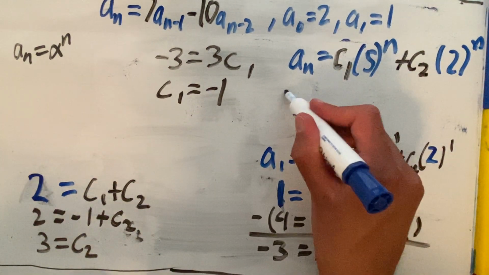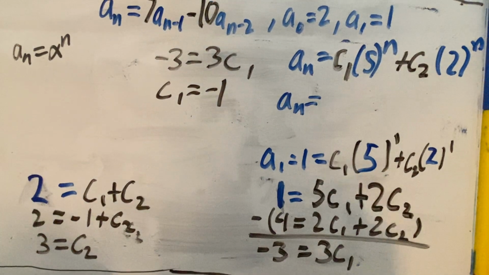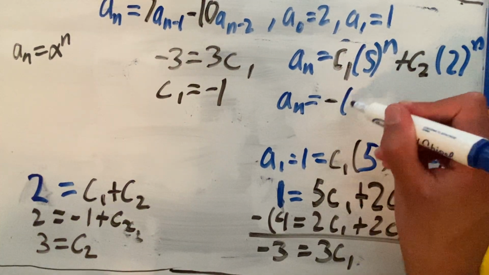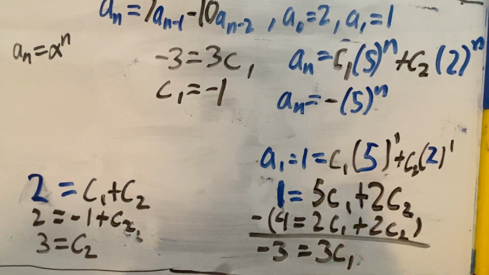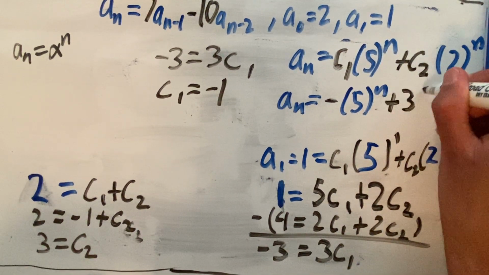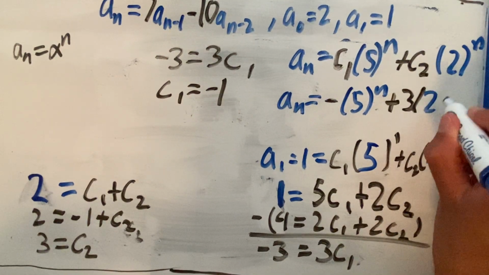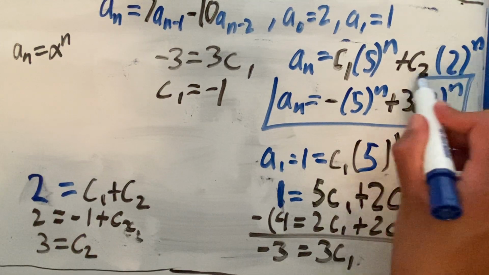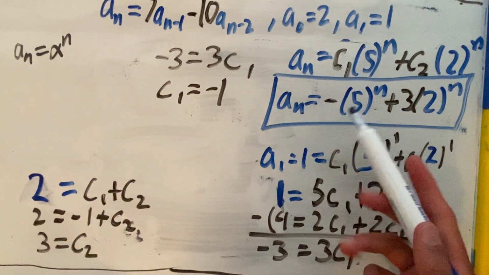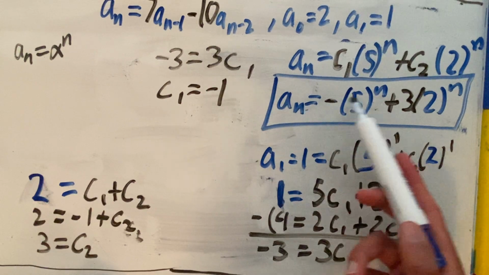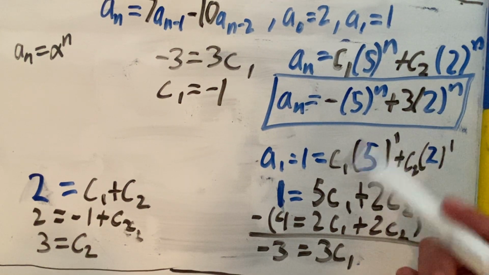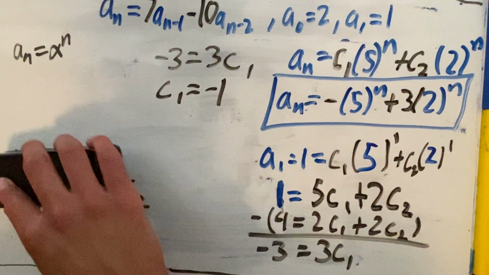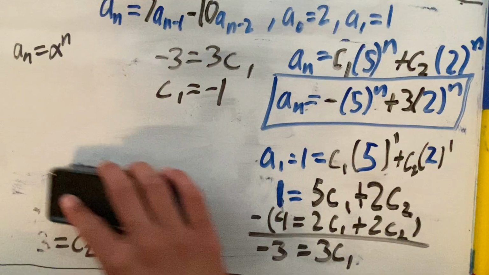So now this means that a sub n equals minus 1 times 5 to the n, and c2 is 3, so plus 3 times 2 to the n. This is the explicit formula, and you can see that it doesn't require knowledge of any terms before a sub n. There's no a sub n minus 1 or a sub n minus 2 here, and this is a general solution. We should check to make sure that this is correct by comparing it to what we would have gotten just using this recurrence relation in the first place.